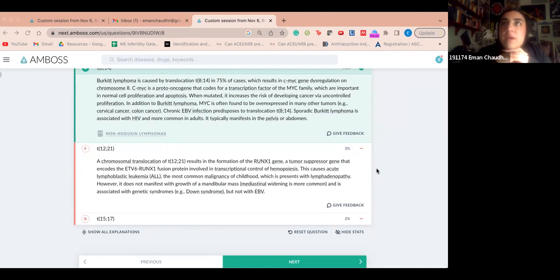AML, acute myeloid leukemia. What translocation gives you a poor prognosis? Just give me one. There's one main one. 5-7. 5-7 is one of them, I think.